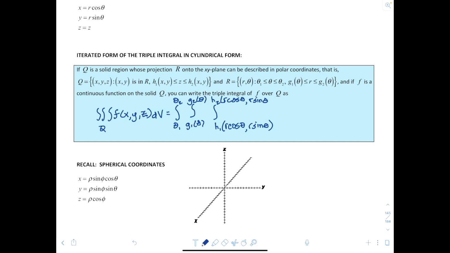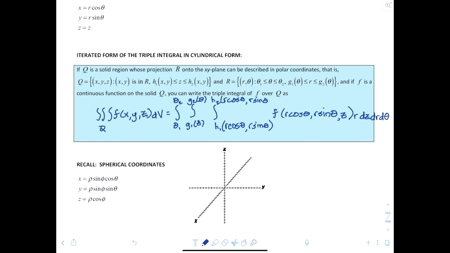And then we would have our function at r cosine theta, r sine theta, and z. And remember, you've got that extra r when you're going to polar coordinates, and then this would be dz dr d theta.